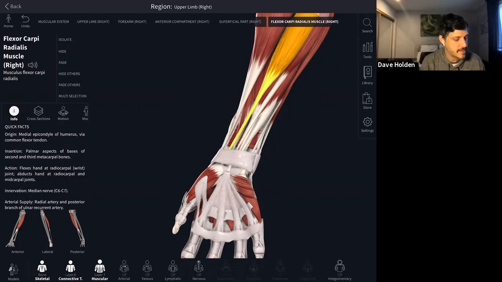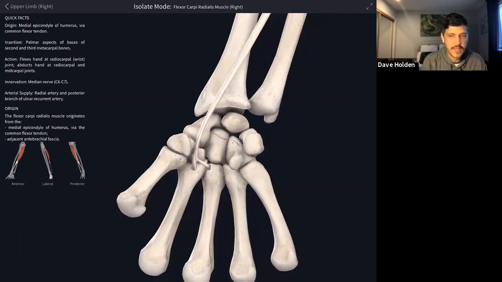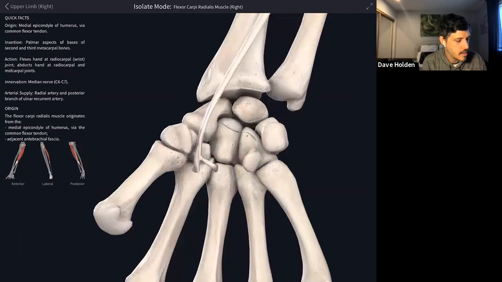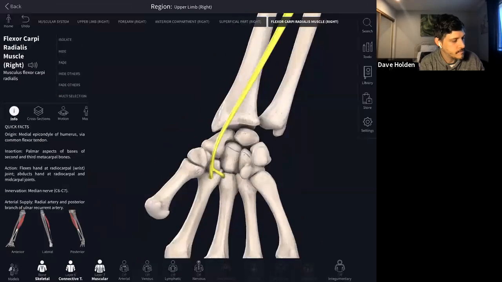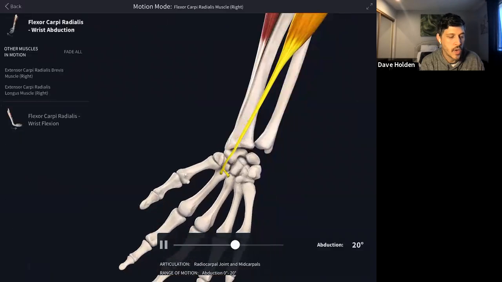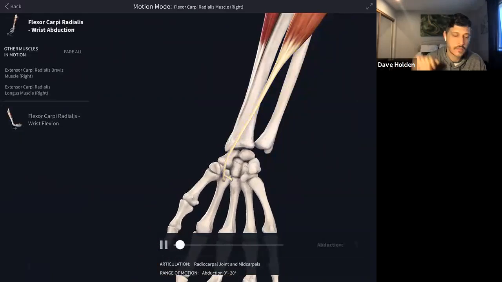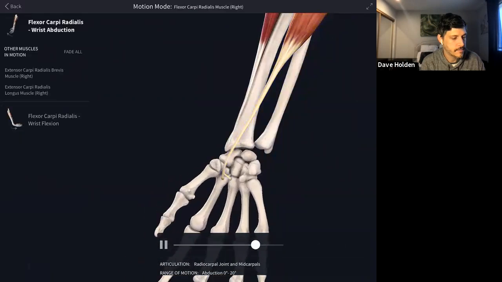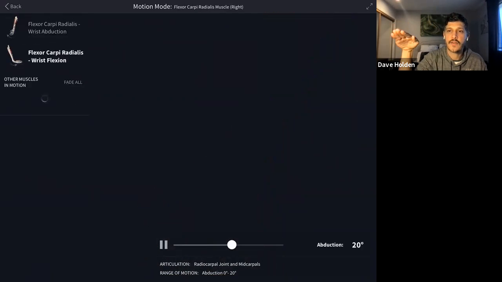So we tuck underneath it. And we insert with this neat little, there, base of the second and third metacarpals. So, wrist abduction or radial deviation. And we get wrist flexion.